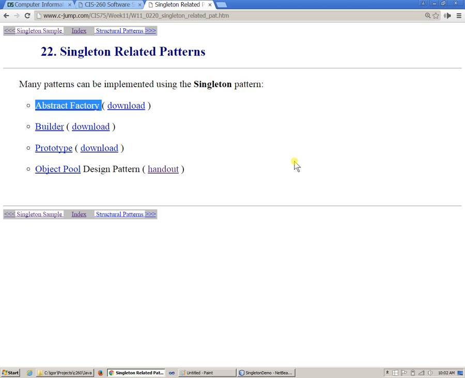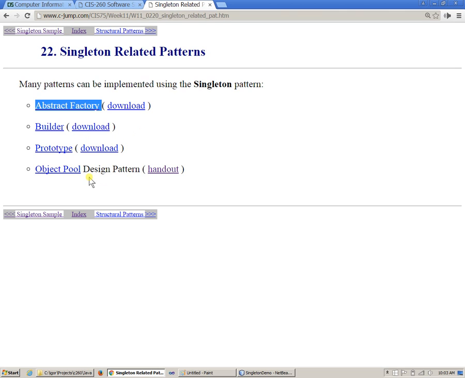So your abstract factory may well derive itself from the idea of the singleton. There are other creational patterns that could likewise be implemented as singletons.